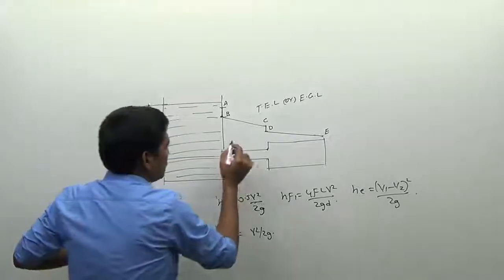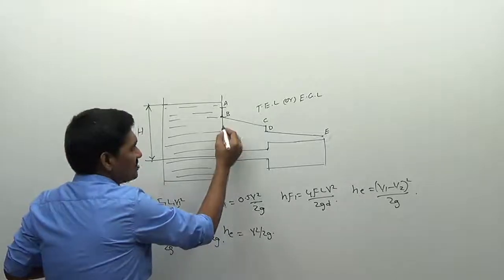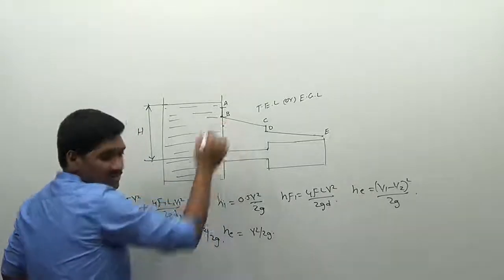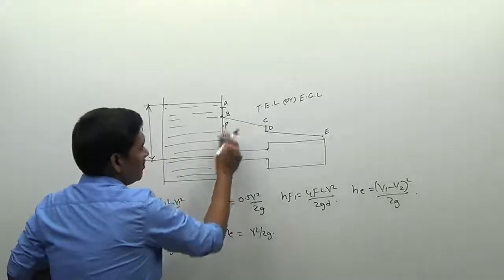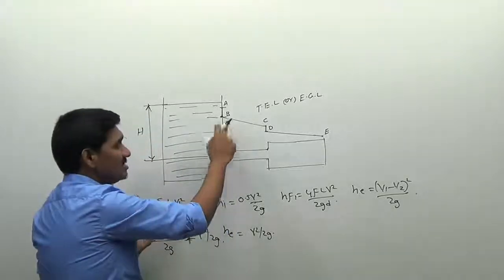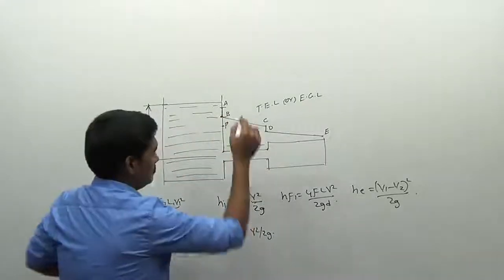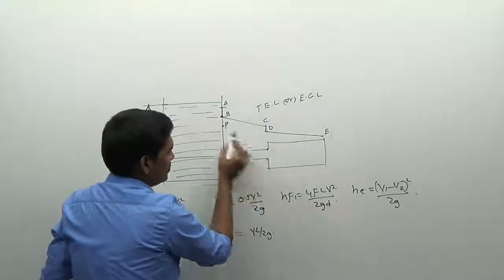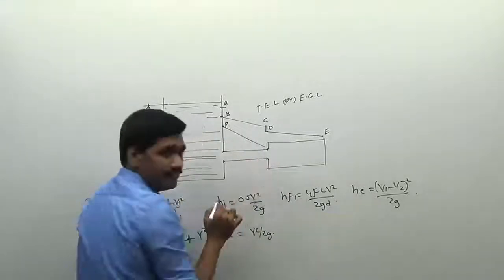See here, for example, I am starting with this position. Let it be some point P here. So P is the energy at this position. Due to the loss of energy due to friction, you will be getting a line that is parallel here.